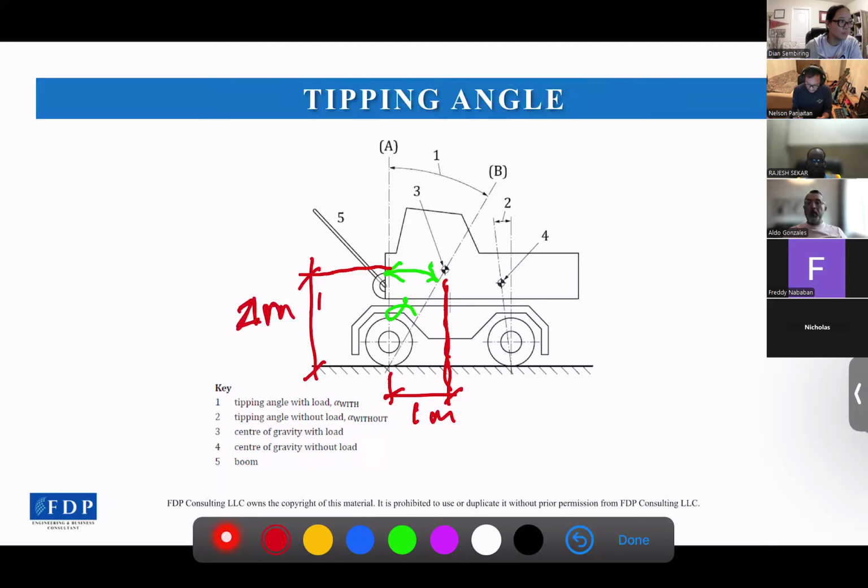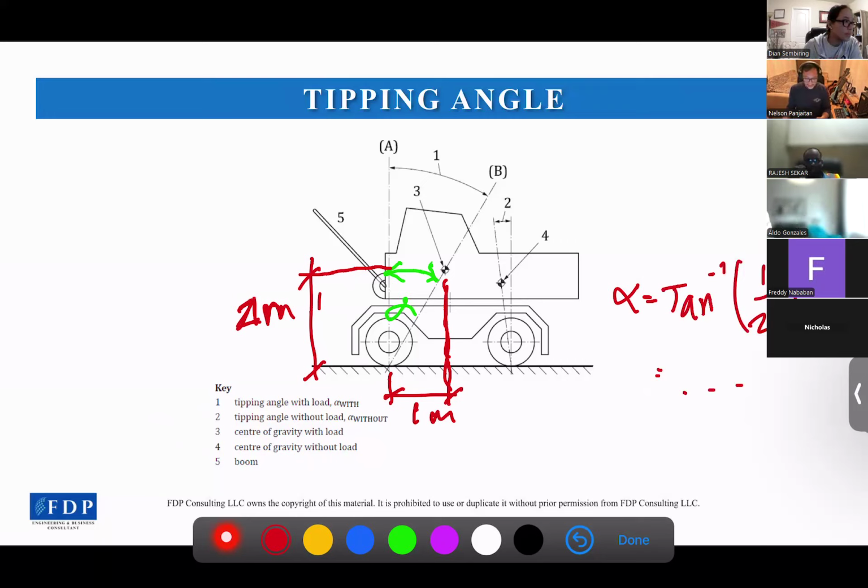So the tipping angle is the arc tangent of 1 meter divided by 2, like that. So that's how to calculate the tipping angle.